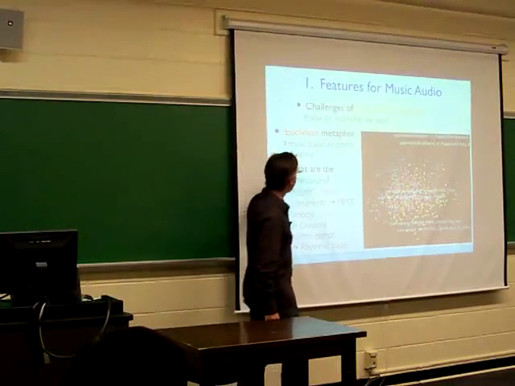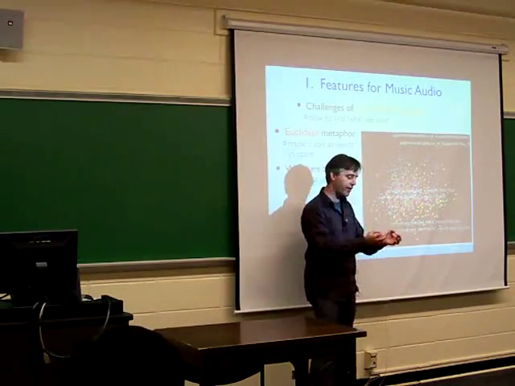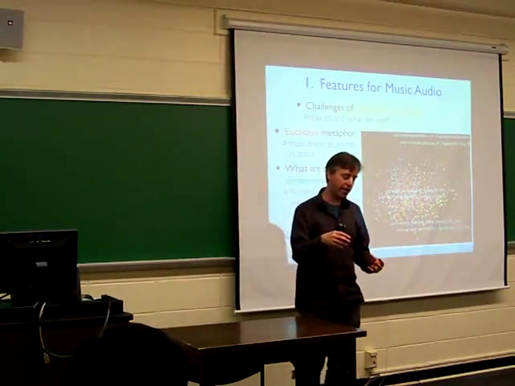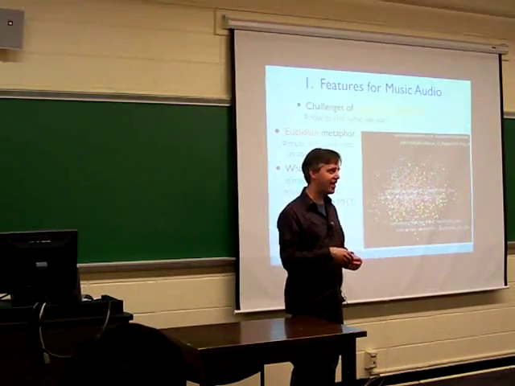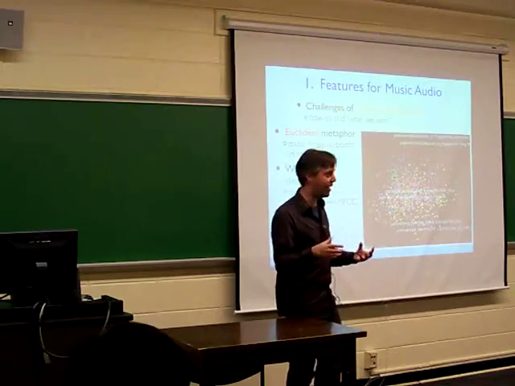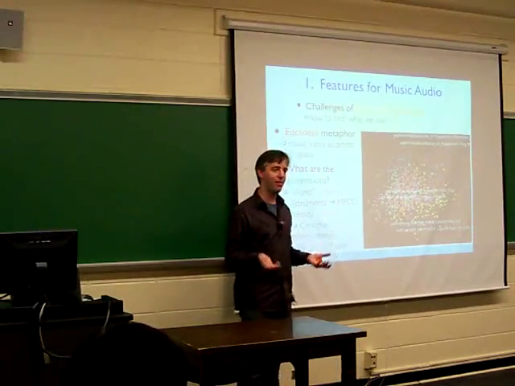So there is this general idea underlying all this work: we're going to take our individual piece of music and calculate some features for it, but it's going to be a fixed, relatively small number of features compared to the actual description of the audio, which is millions of frames.